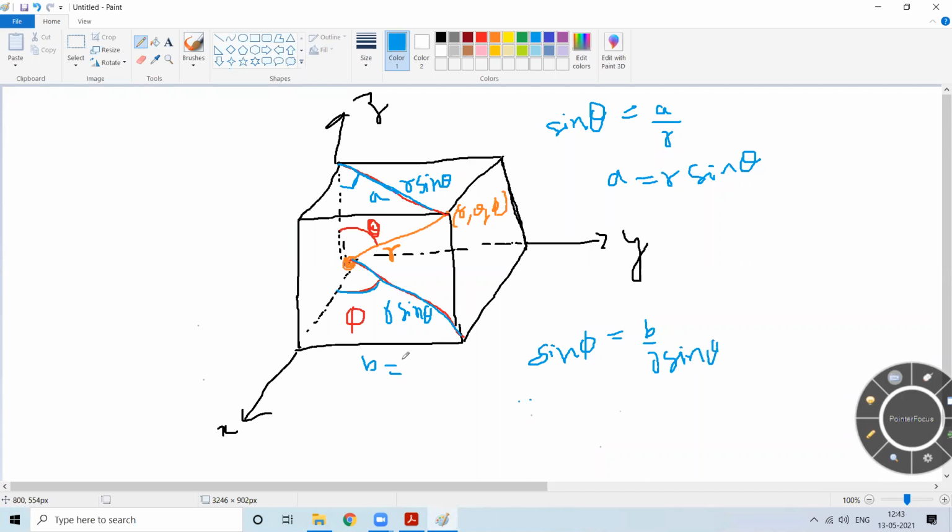So this will be equal to r sine theta into sine phi. So this side will be r sine theta sine phi. Since it is a cube, all sides will be r sine theta sine phi.